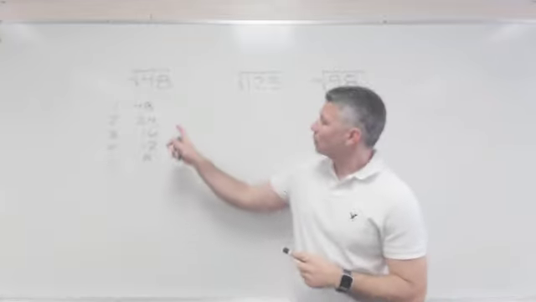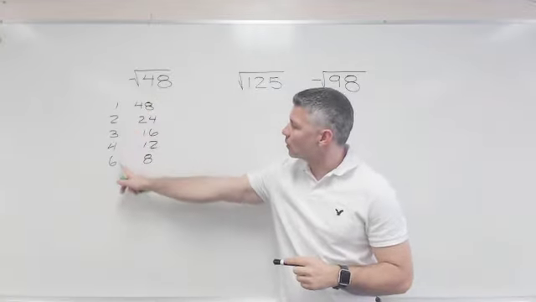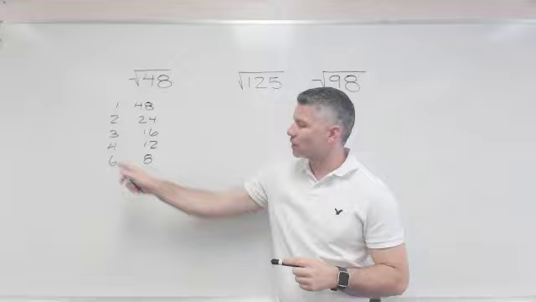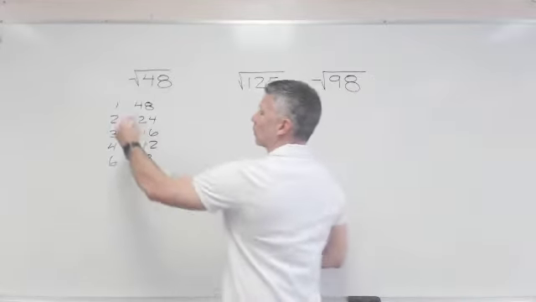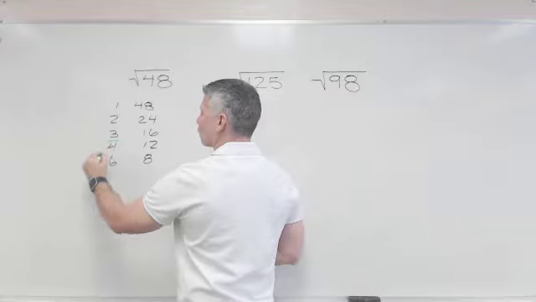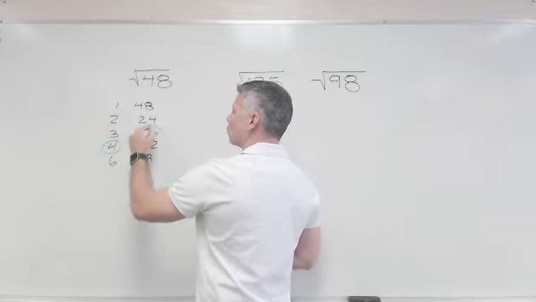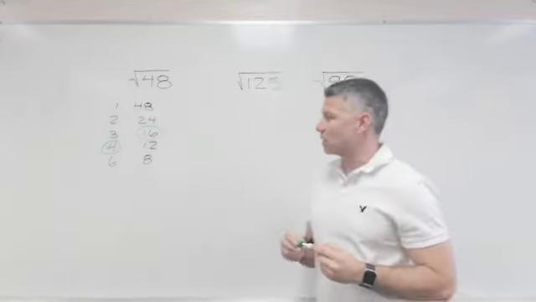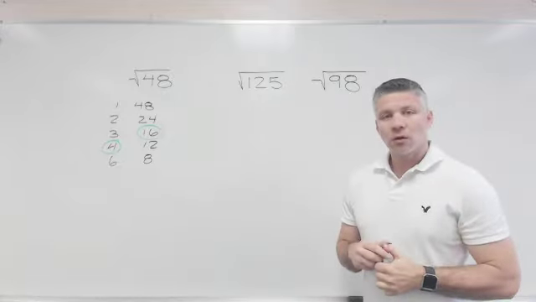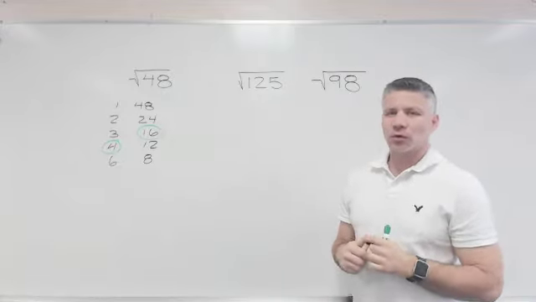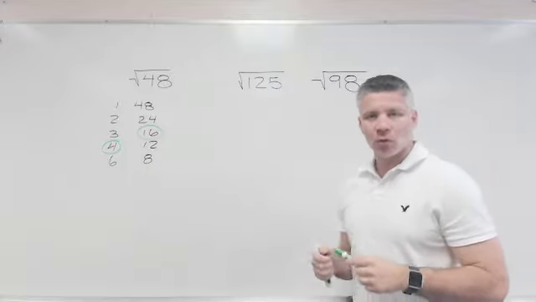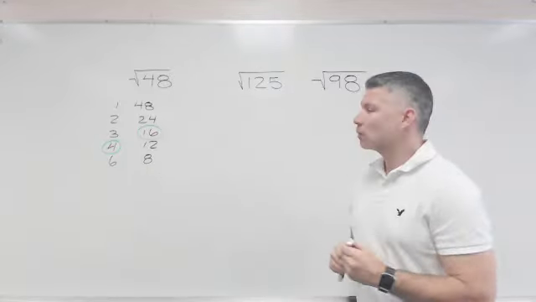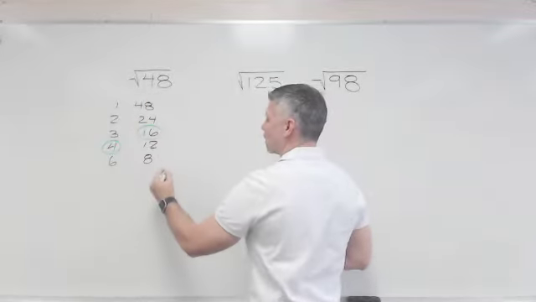From here, is there any number in this list that I know the square root of? There is. I know the square root of 4, and I also know the square root of 16. Little hint from Mr. Repka: use the largest number that we know the square root of. So let's use 3 and 16.